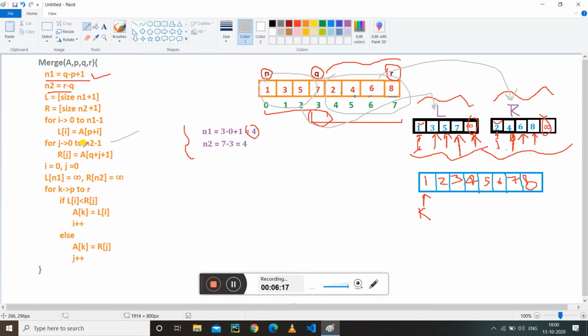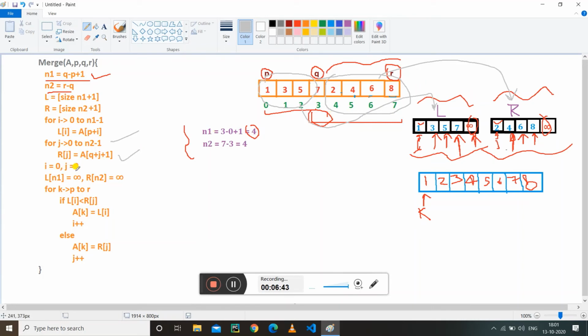For j from 0 to n2 minus 1, R of j equals a of q plus j plus 1. That's what these indexes say. Like q is 3, j is initially 0, plus 1 gives 4, then j will increment like this, and that's what we get here.